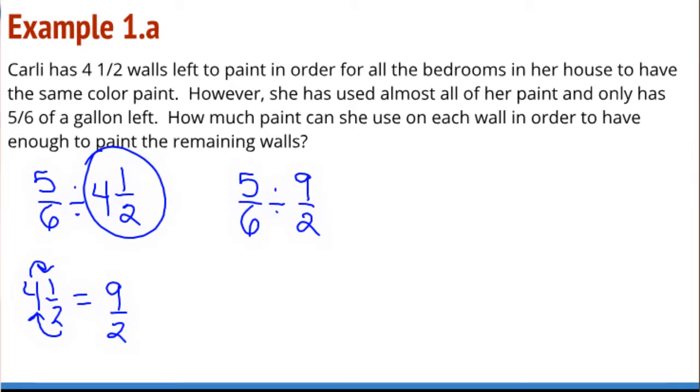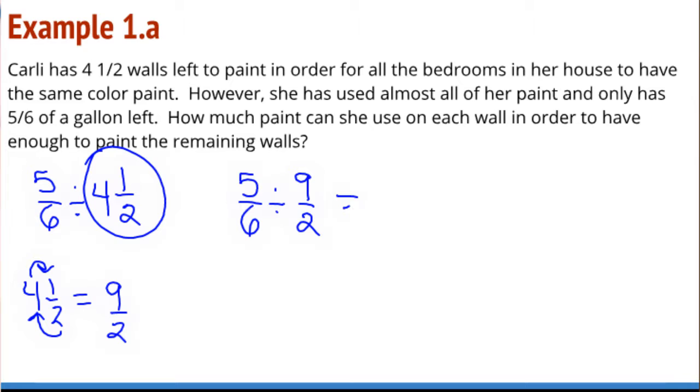Now I'm greatly tempted to spend some time doing a model on this problem so that you can see why we invert and multiply. But rather than doing that, I would suggest that you go back and look at the video for lesson 7 so that you can see why invert and multiply works.